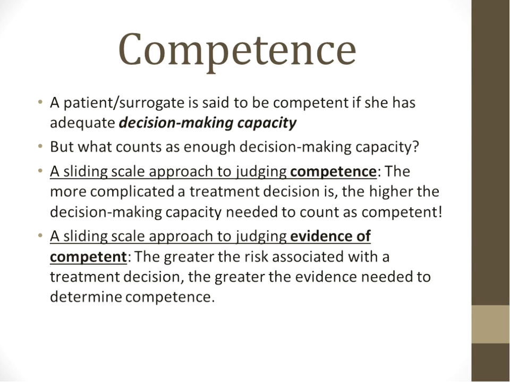The more complicated a treatment decision is, the higher the decision-making capacity needed to count as competent. So if a patient has to make an extremely complicated decision, in order for that patient to be competent to make that decision, they have to have a relatively high level of decision-making capacity. In other words, they have to be really with it.